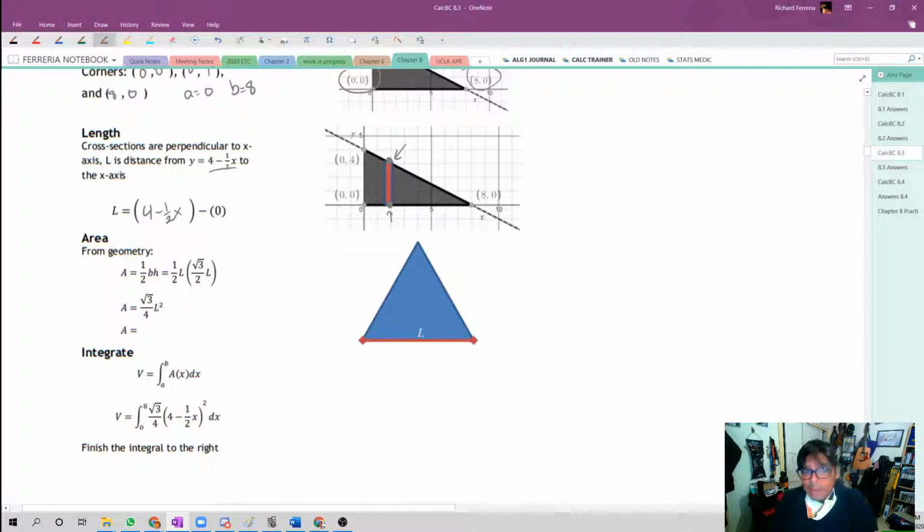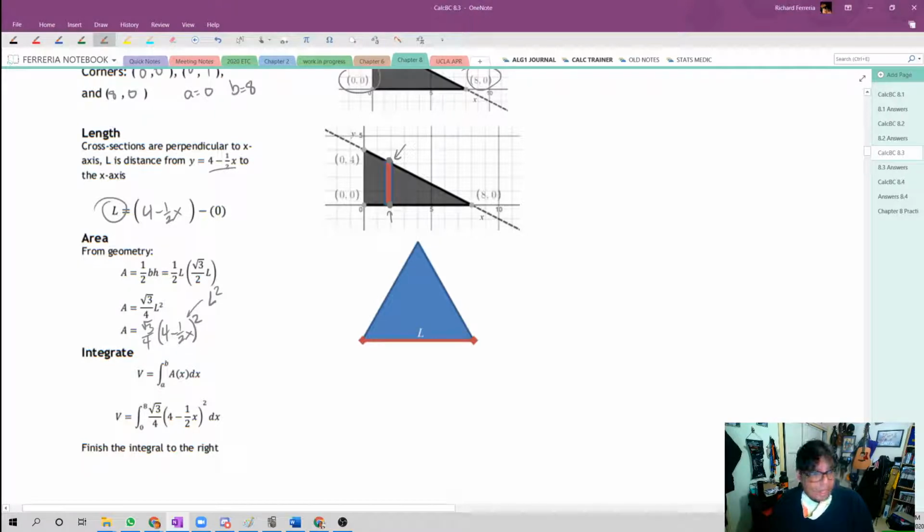So you're going to have to really review your geometry here. So if the area is root 3 over 4 L squared, then in terms of x, we're just going to substitute L right here. It's root 3 over 4 multiplied by (4 minus 1/2 x) squared, because that's L squared right there.